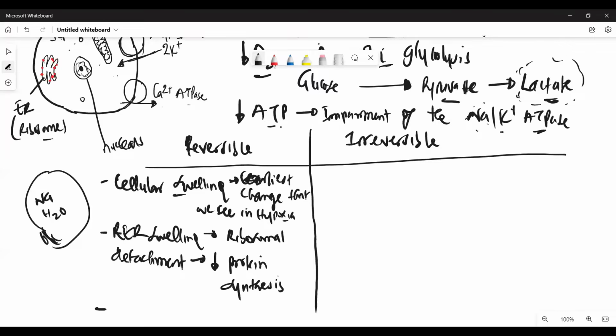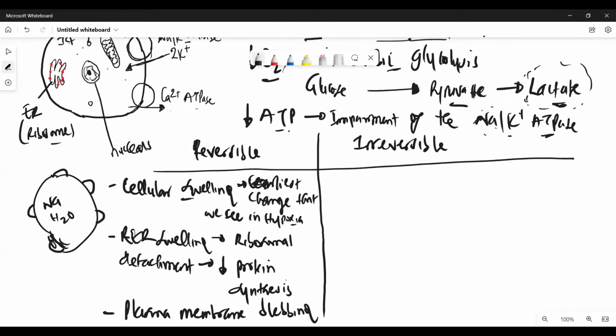The next one that we're going to notice, as the cell continues to swell, is that the membrane is going to be blebbing out, right? Because now the water is looking for where to pass through. So that will lead to plasma membrane blebbing. And also the last thing we're going to see: because the nucleus is also going to swell up, that will make the chromatin clump together.